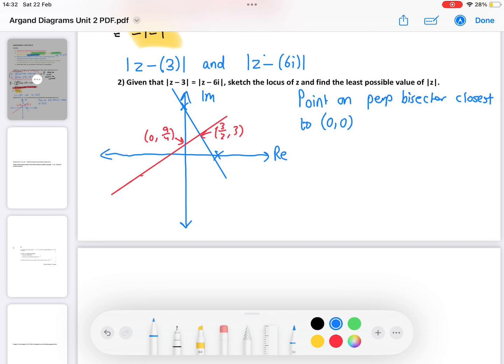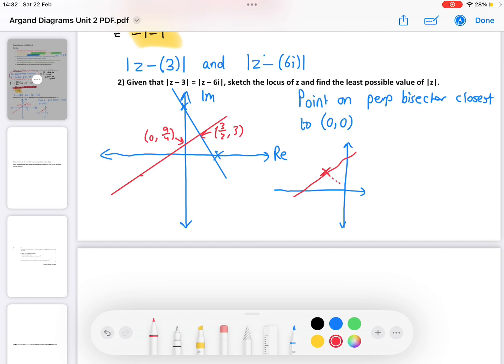So what I mean by that is, if I just do a bit more of a close-up of the relevant part of the Argand diagram, then we have our line coming across here like this. Wait, let me draw a bit bigger. Like this. And let's say it's here is the closest point.